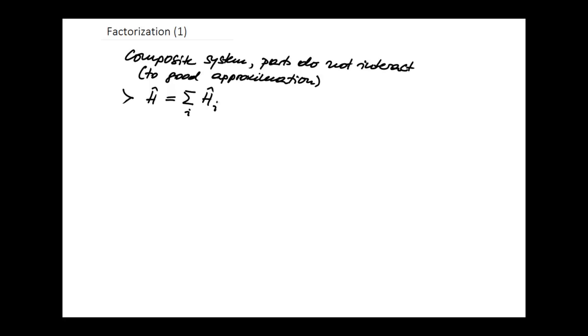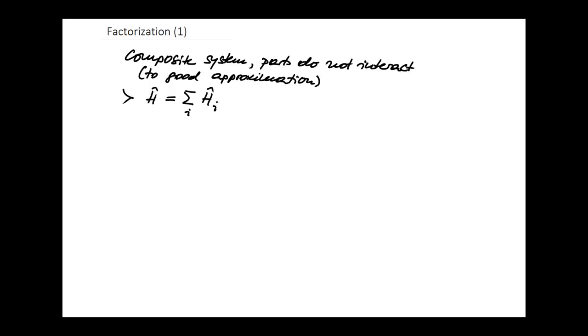This is a slightly sloppy notation because you may wonder, well, the H_i is a Hamiltonian, it's an operator that lives in the Hilbert space of the ith part, and how can I add up objects that live in different Hilbert spaces?